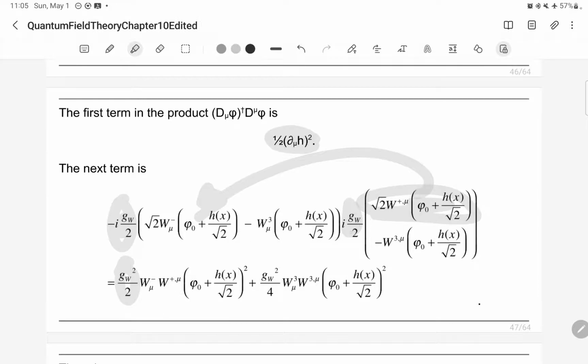So our denominator will just be 2 because this is supposed to be 4. So we have W mu negative, W mu positive, and then we have here the square of that, and we also have GW square over 4, and then we have this one, and of course the square of this.